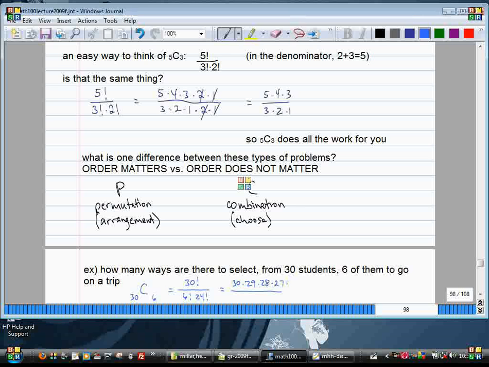After 24, it gets canceled out. 27, 26 times 25. That's it. Times 24. And then what happens? Do I need a 24 here? Oh, no, it's just one I canceled out. Exactly. So everything starting with 24 is going to cancel with the 24 factorial. You get it? Okay.